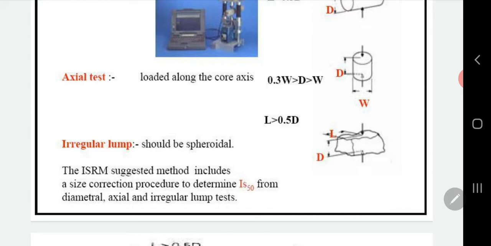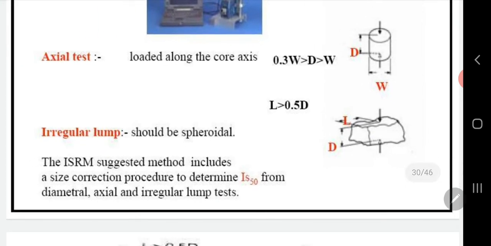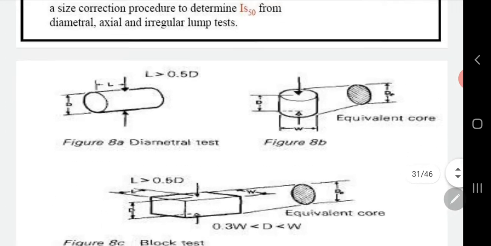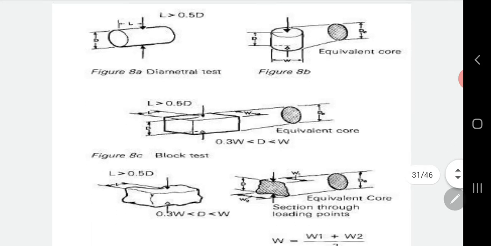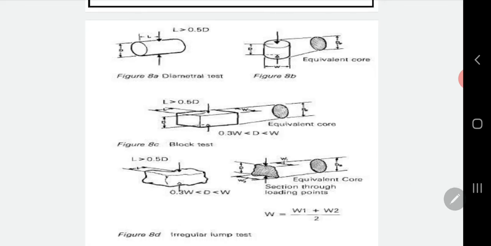And of course we can test irregular shapes, but you must make sure L is more than 0.5 D, the depth of the sample. You can observe this picture, and these are all the suggestions when you want to do the point load test.